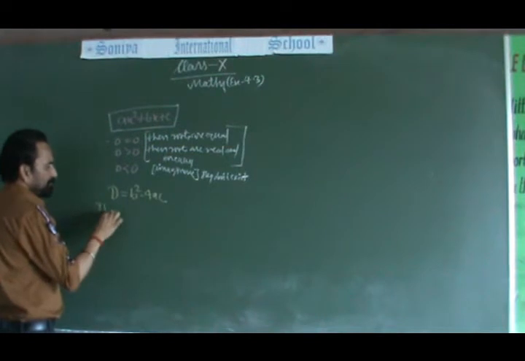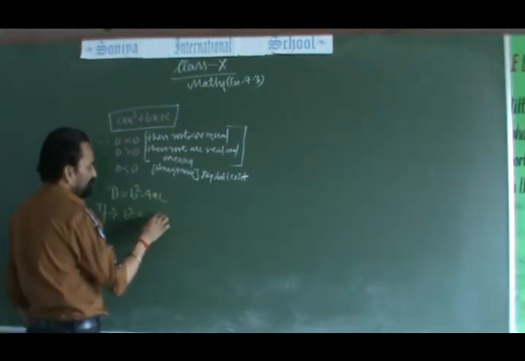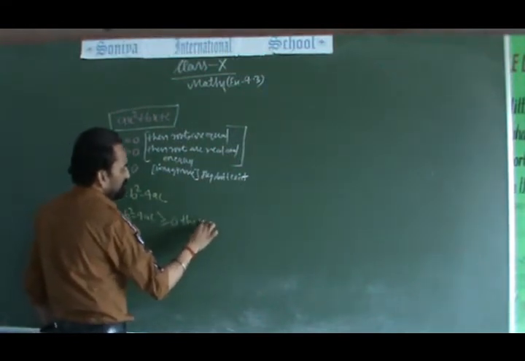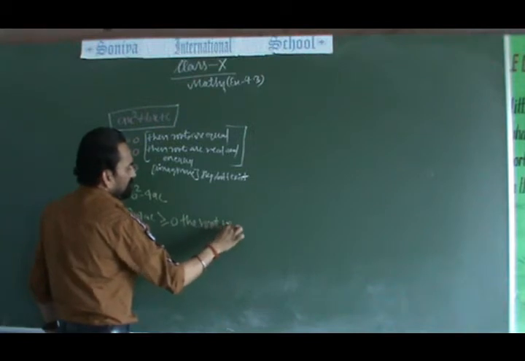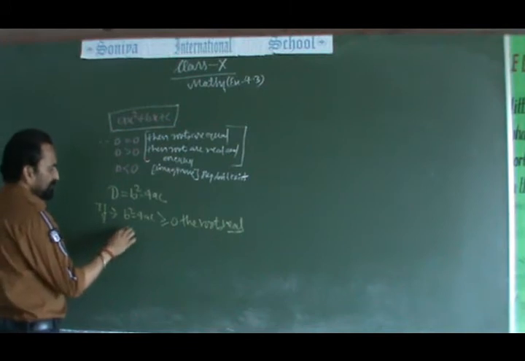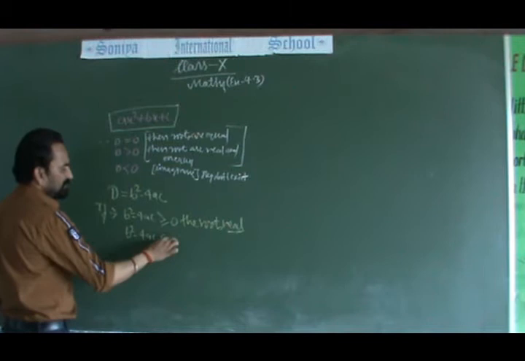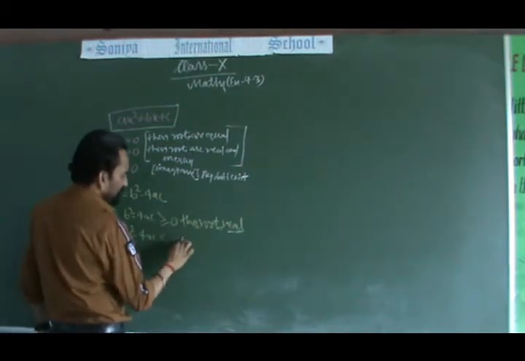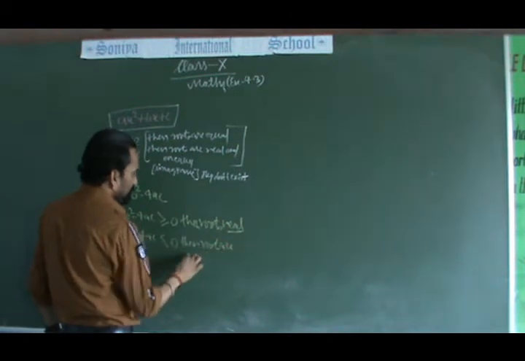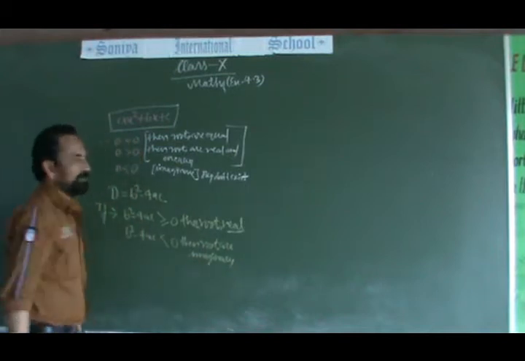The main point is, if b square minus 4ac is greater than or equal to 0, then roots are real, and if they are real, only then they exist. And second, if b square minus 4ac is less than 0, then roots are imaginary, and they do not exist.